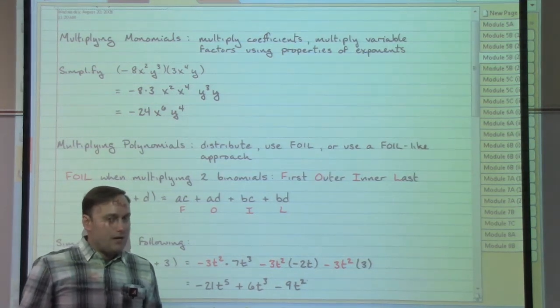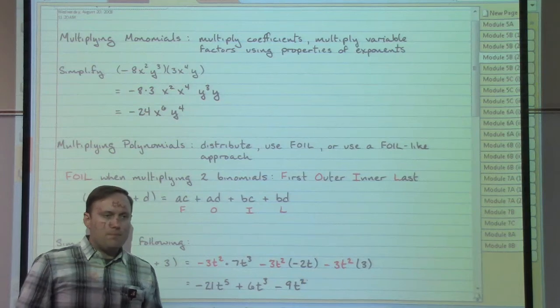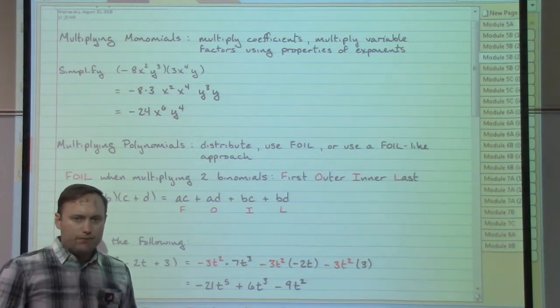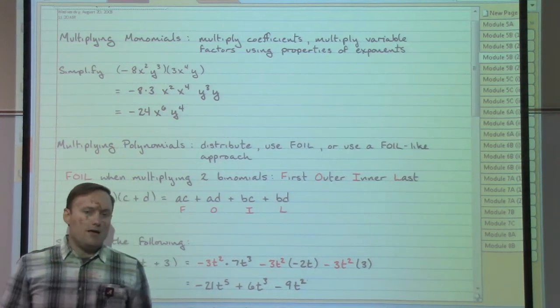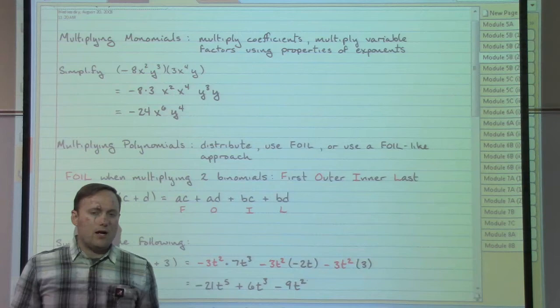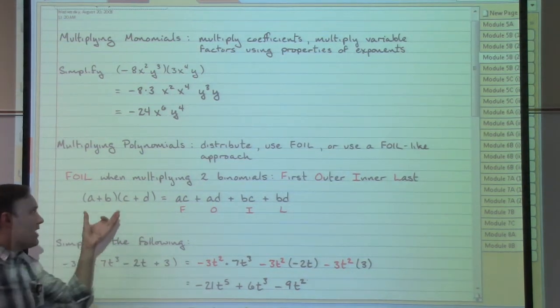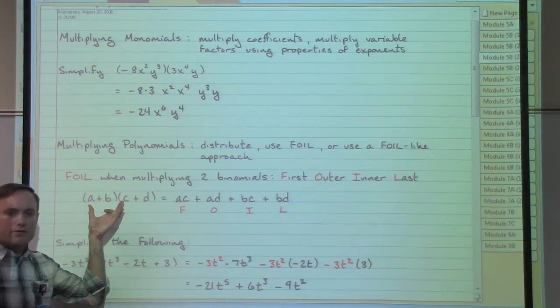Stepping things up from here becomes a bit more complicated. So if we step things up just a little bit, turns out that there's a nice pattern to the way that a particular kind of multiplication problem would work out. So backtrack up here to where FOIL is mentioned.